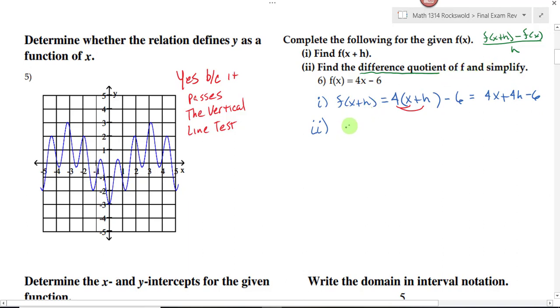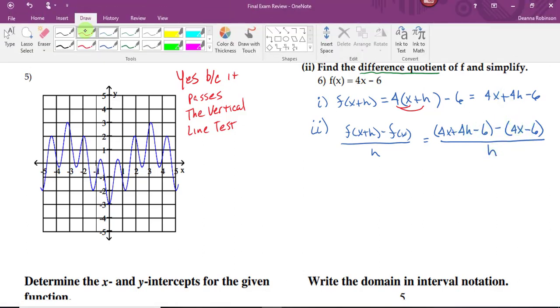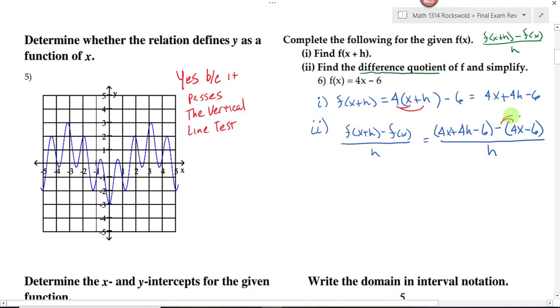Well, the difference quotient is f of x plus h minus f of x all over h. What can I drop in place of f of x plus h? What we said it was equal to, 4x plus 4h minus 6. Then I subtract off f of x, and notice I put this in parentheses. I keep these terms in parentheses because I have to remember to distribute that negative.